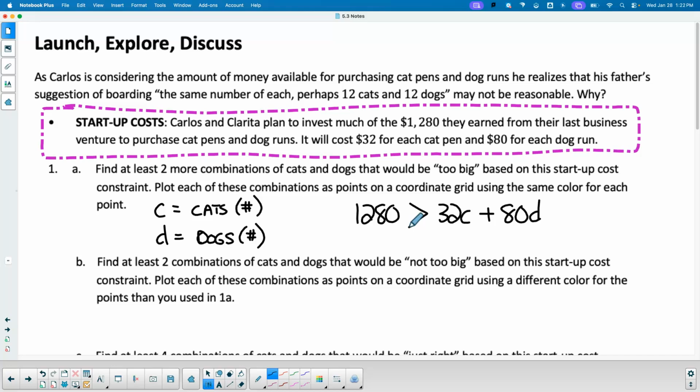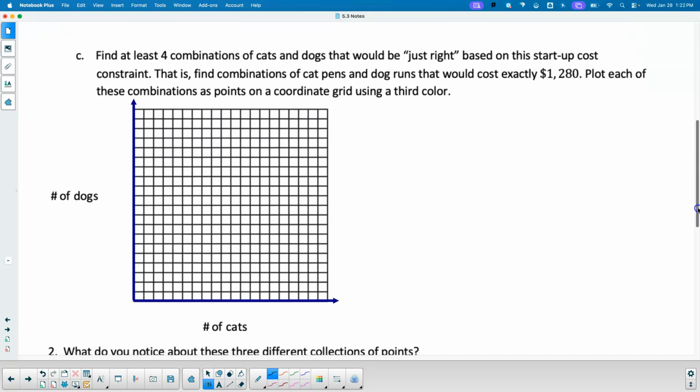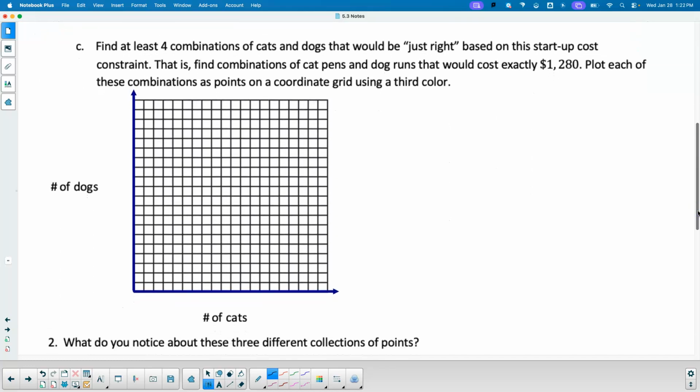Yes? Okay, now let's jump down here to our graph. Find me the cat intercept, meaning where there's 0 dogs.